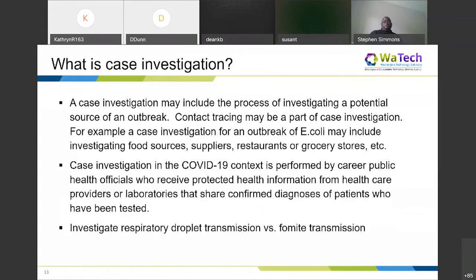Case investigation is a little bit different from contact tracing because it involves the process of investigating a potential source of an outbreak. So in normal times, before there was a pandemic, almost all case investigation and contact tracing was done by epidemiologists or professional public health employees.